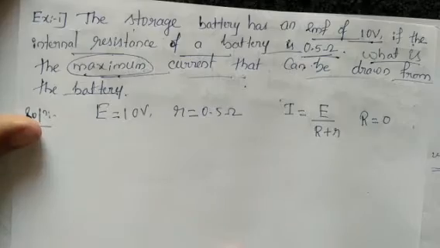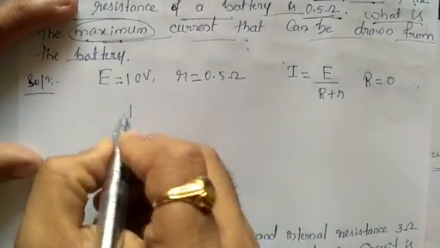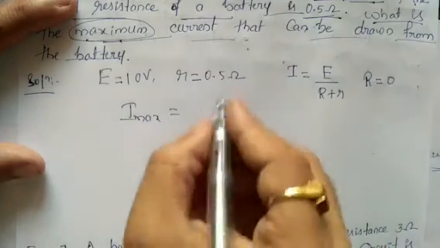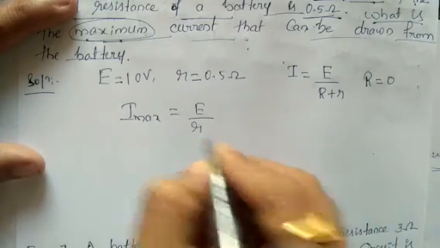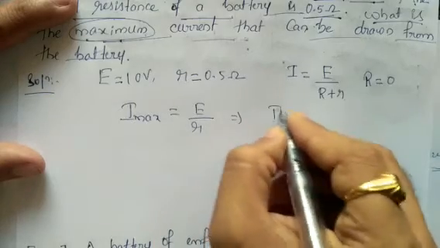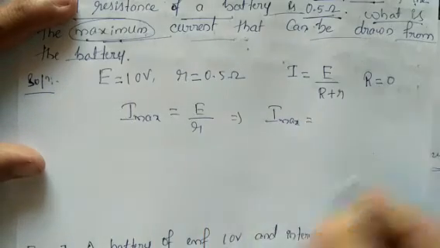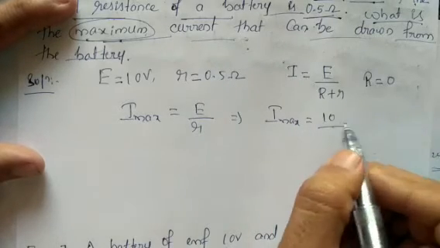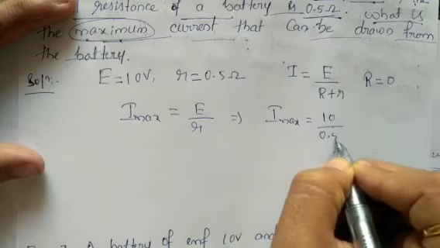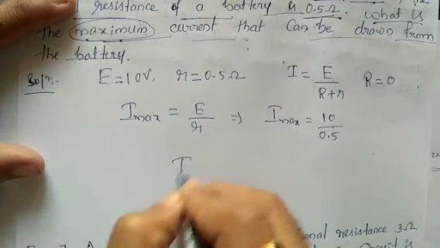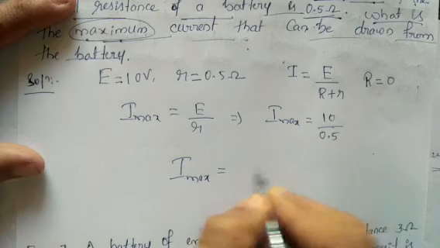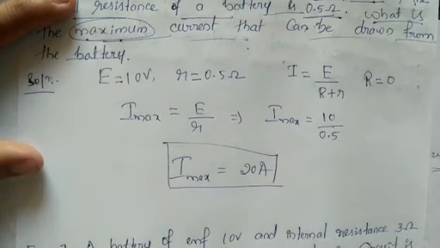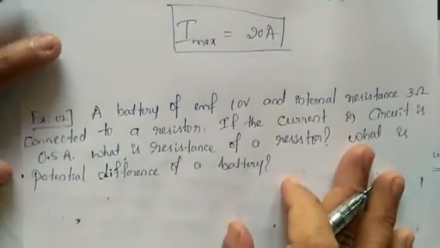When there is no opposition, the maximum electric current is given by E divided by small r. So I maximum is equal to 10 volts divided by the internal resistance of 0.5. This implies the maximum electric current is 20 amperes. Now here is the second numerical.